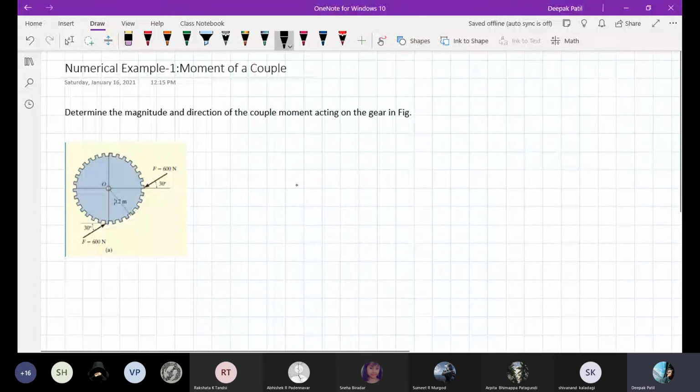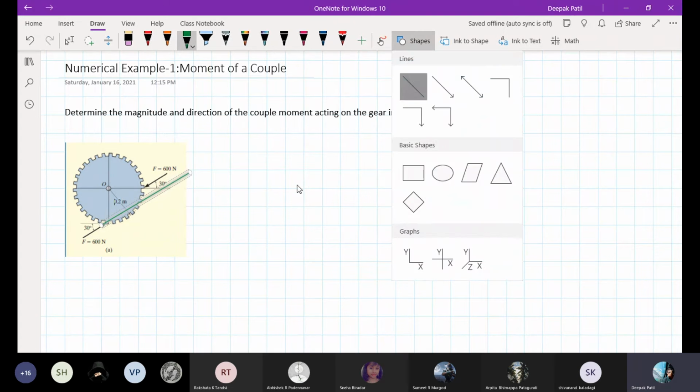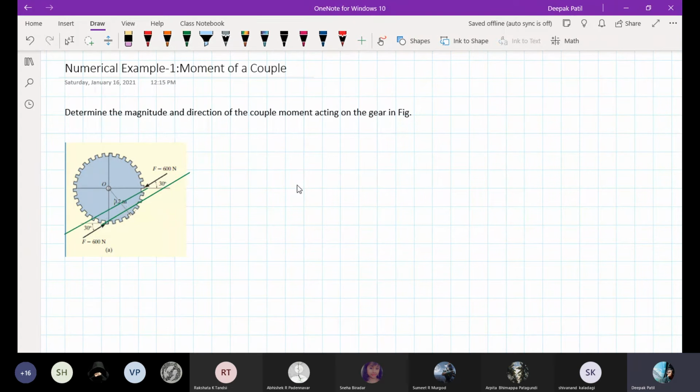You can just check here. Let me draw the line of action of these two forces. The line of action of this force will be like this, and the line of action of this force will be something like this.